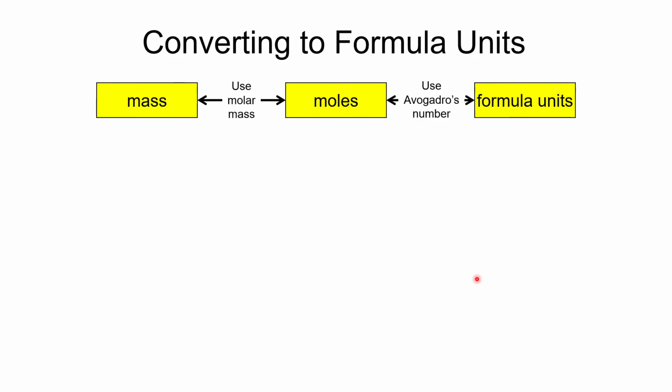And so here we're going to convert into the formula units. We already know how to get from mass to moles and moles to mass. Divide one way, multiply the other. But if we want to get from the moles to the formula units, then we can do an extra calculation. Or if we want to get from mass to the formula units, we can just put it all in one line and do one big calculation.